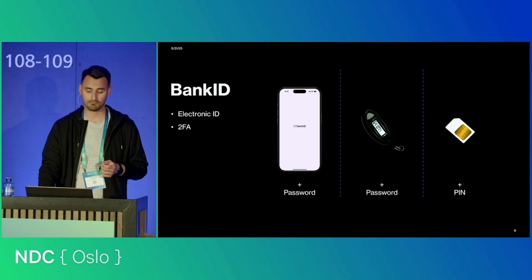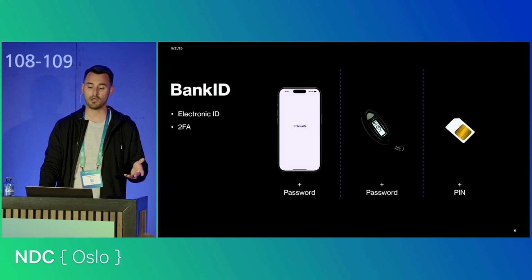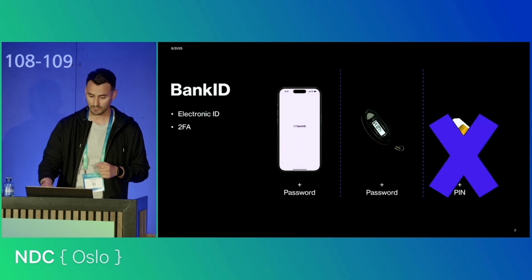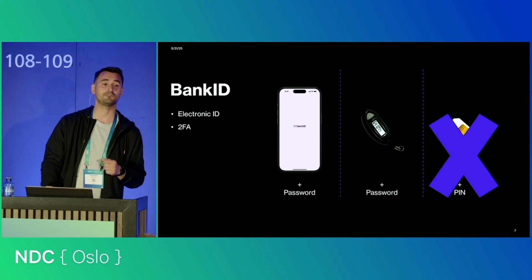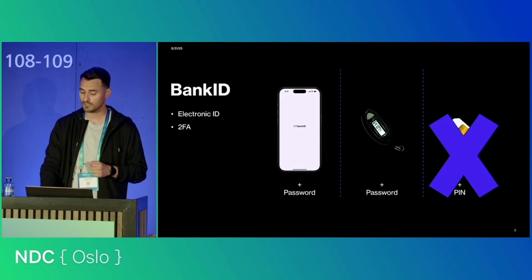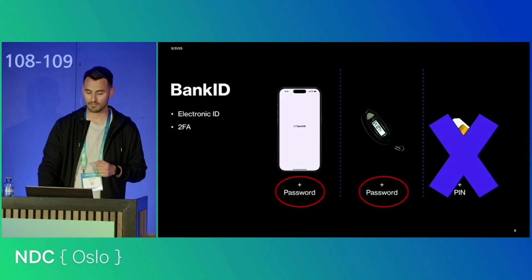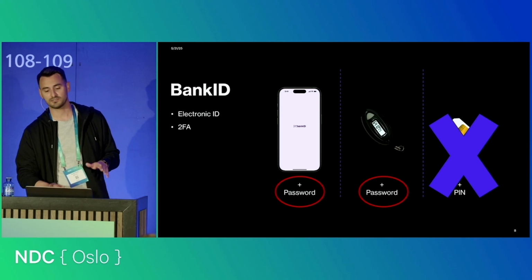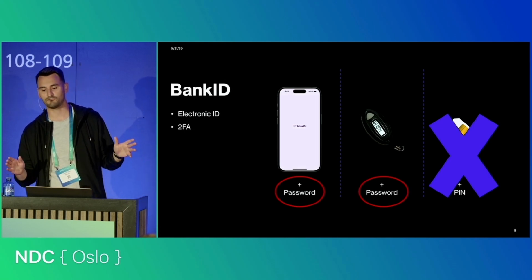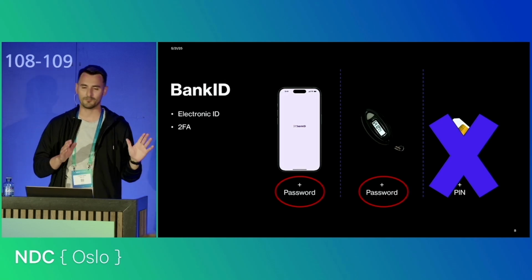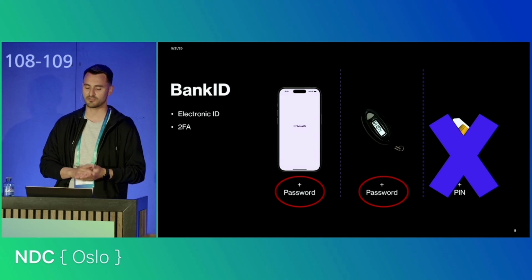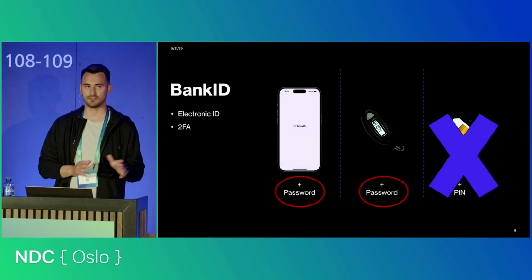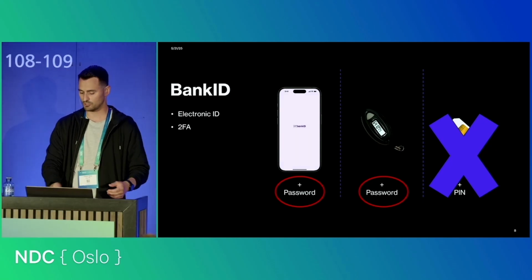But actually, the SIM-based OTP named BankID Mobile was decommissioned 6 months ago. Rest in peace. And that means that if you still have a valid BankID today, you also have a BankID password. And I just need to emphasize, despite this talk containing the phrase passwordless BankID, BankID with a password is still very much a thing, and the password isn't entirely going away anytime soon.